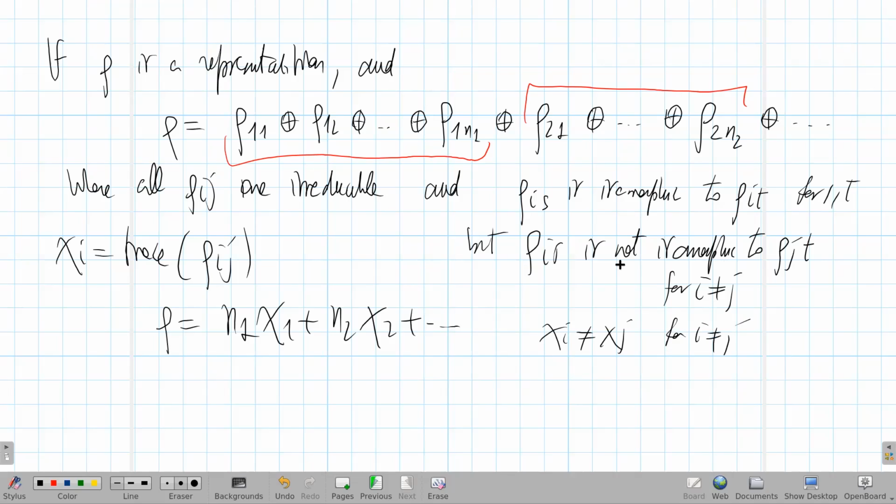So the fact that the representations are not isomorphic means that the characters are distinct. Isomorphic irreducible representations correspond to equality of characters. And then the point is that when you consider the inner product of chi with rho, this will be, by the orthogonality relation, exactly ni.